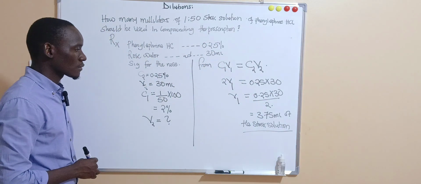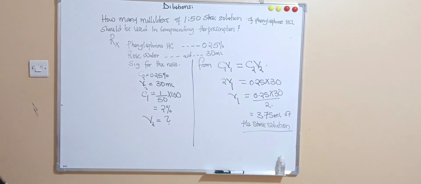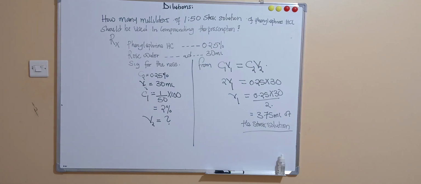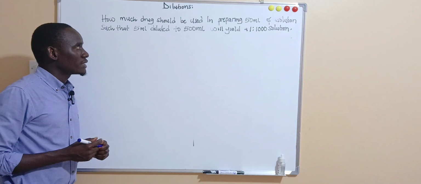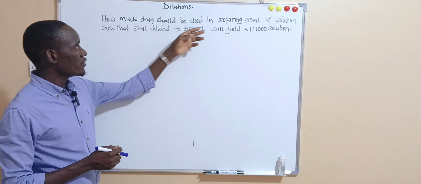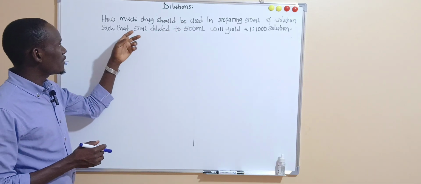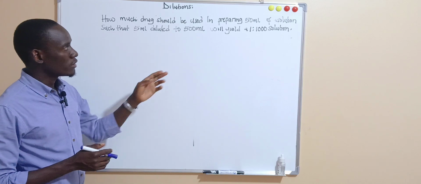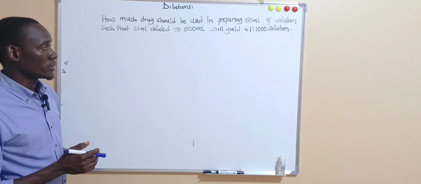Let us look at our next question. How much drug should be used in preparing 50 ml of a solution such that 5 ml diluted to 500 ml will yield a 1 to 1000 solution?